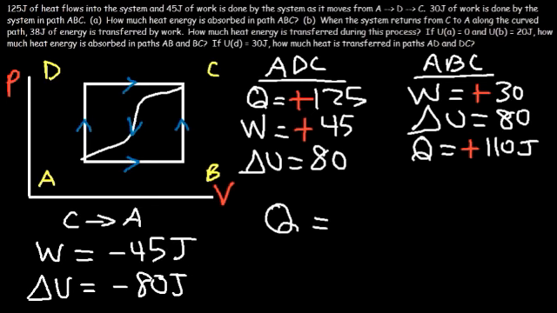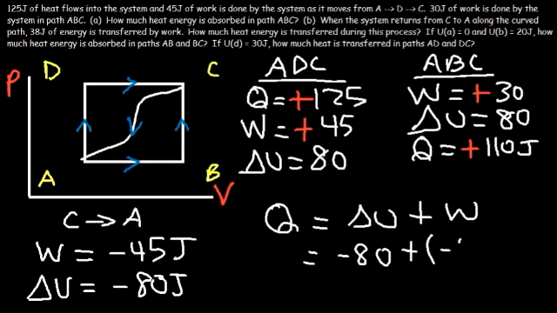So now we can find Q, which is delta U plus W. So that's negative 80 plus negative 45. Actually, that's not supposed to be negative 45. It's supposed to be 38. I guess I was looking at this number. Going from C to A, 38 joules of energy is transferred by work.